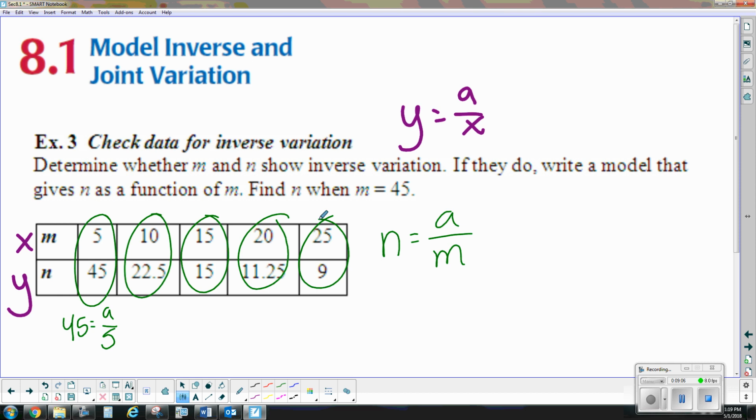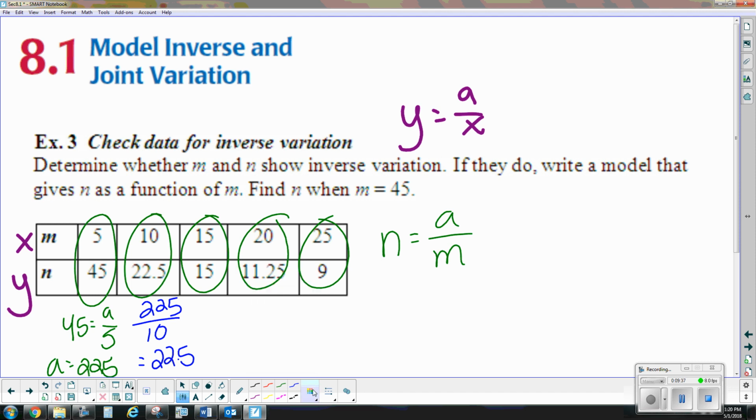Okay, so in order to see whether or not that's true, we need to find the constant in every scenario. So in the first one, our constant is 225. 45 times 5, our a value is 225. So is that always true? Is 225 divided by 10 equal to 22.5?